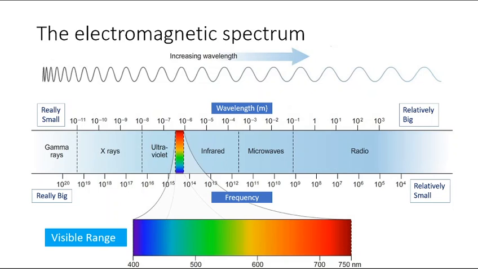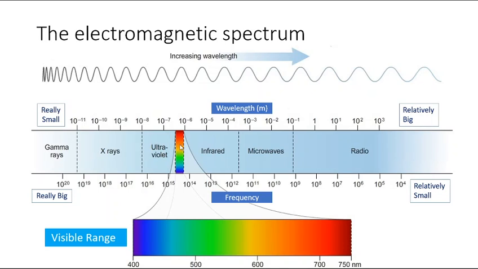Ultraviolet radiation is typically associated with night vision goggles. UV light is how some different types of animals actually see things. UV light is on the left side of the visible range, or as you can tell here, ultraviolet is right next to the violet color in the visible range.